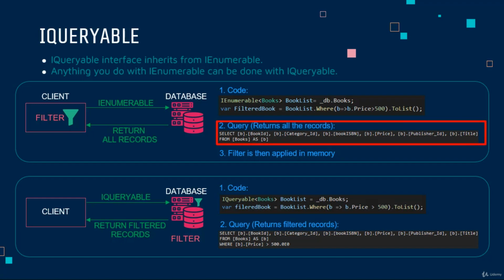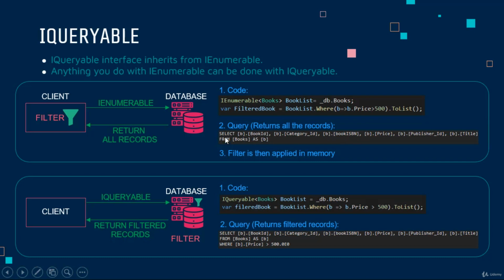You can see in the example here that the query executed with IEnumerable is select all of the records from book, and then the filter is applied. On the other hand, for the same code with IQueryable, the query that is executed is actually select records from books with the condition where price is greater than 500. And that is where the difference lies.